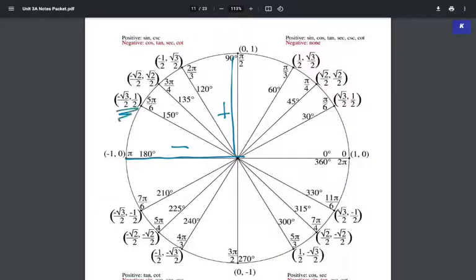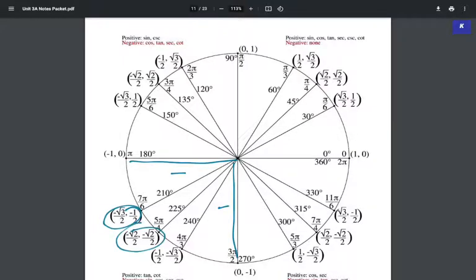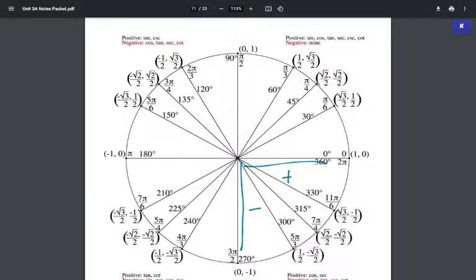So for each of these ordered pairs, the x's are negative and the y's are positive. In this quadrant, we've got the x's are negative and the y's are negative, so that matches each of these ordered pairs. In this quadrant, the y's are negative and the x's are positive, so that matches how our ordered pairs look. So just those are some things to consider.